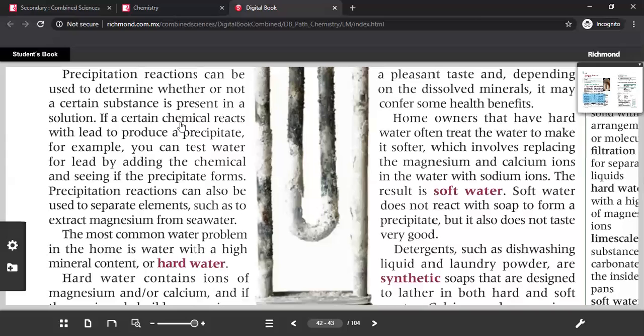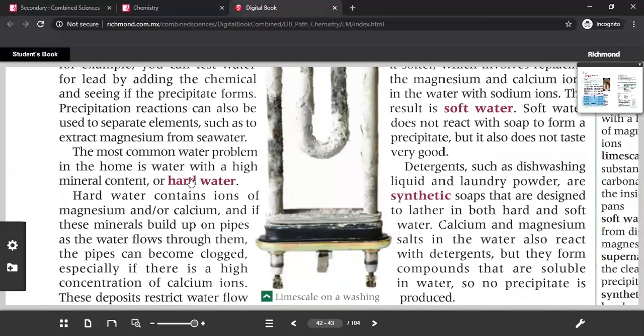So, if a certain chemical reacts with lead to produce a precipitate, for example, you can test water for lead by adding the chemical and seeing if the precipitate forms. Precipitation reactions can also be used to separate elements, for example, to extract magnesium from seawater, right? We have been discussing seawater, so this is how you can obtain magnesium.